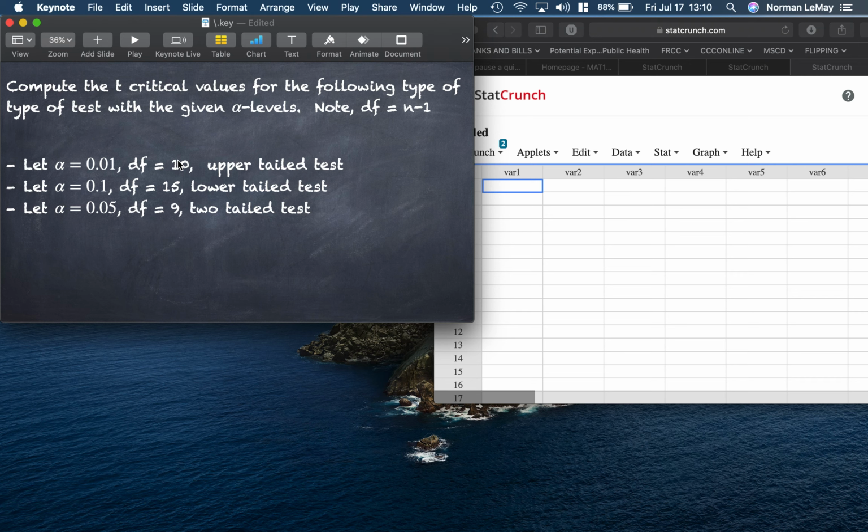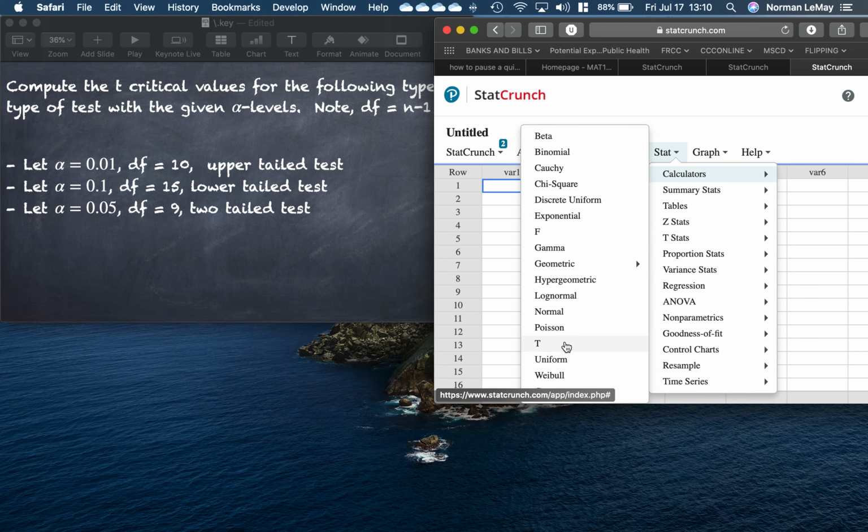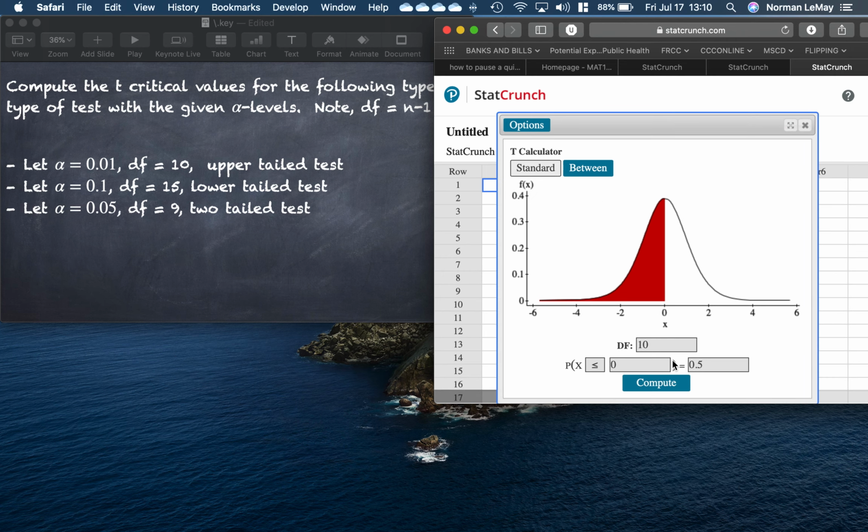Note, I'm using degrees of freedom, but if you're given a sample size, don't forget that degrees of freedom is n-1, unless you have two independent samples, then you choose the smaller of the sample sizes and subtract 1. So let's go ahead and do this. We're going to come over here to stat calculators and choose the t. In this case, our degrees of freedom is 10.